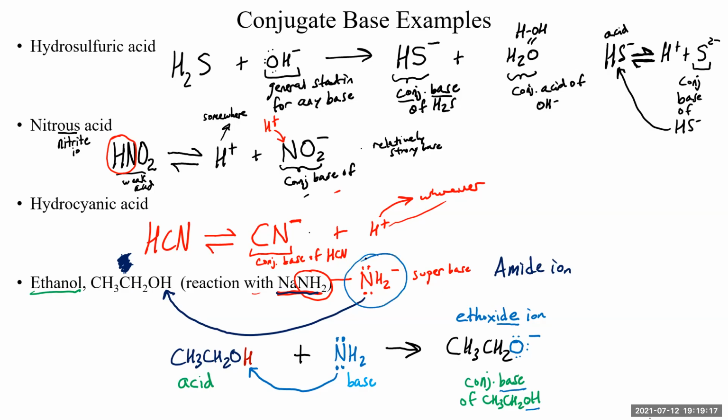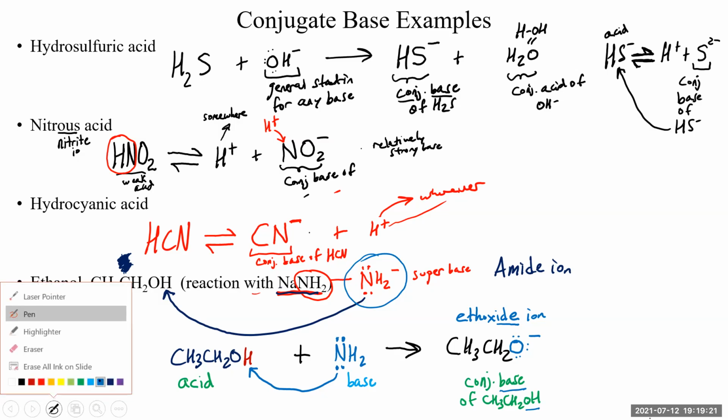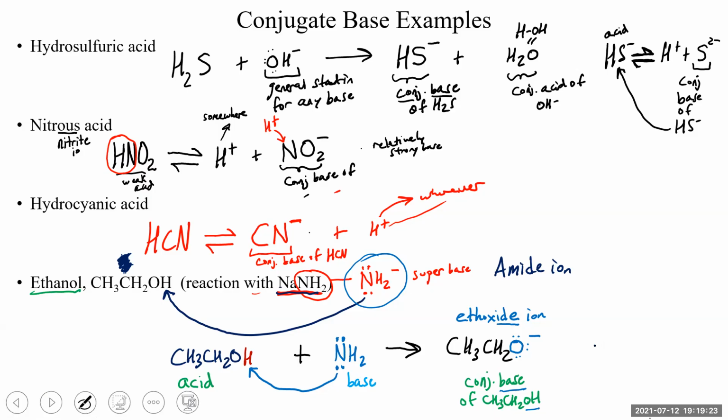What becomes of the amide ion, by the way? Well, the amide ion is no longer negatively charged, is it? We have NH2, and then we have what? Well, remember, the NH2 has gained a new hydrogen. So now it went from -1 plus 1, it is now neutral. This is now ammonia.